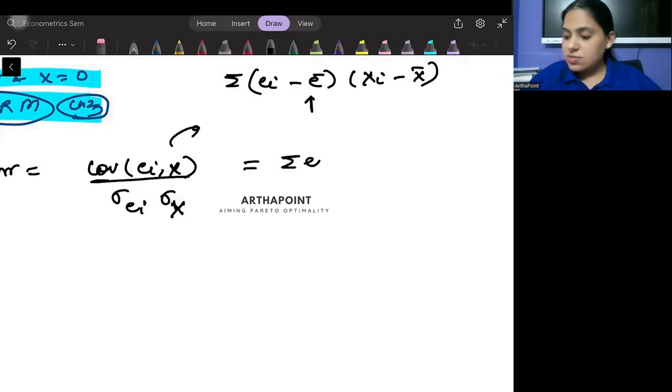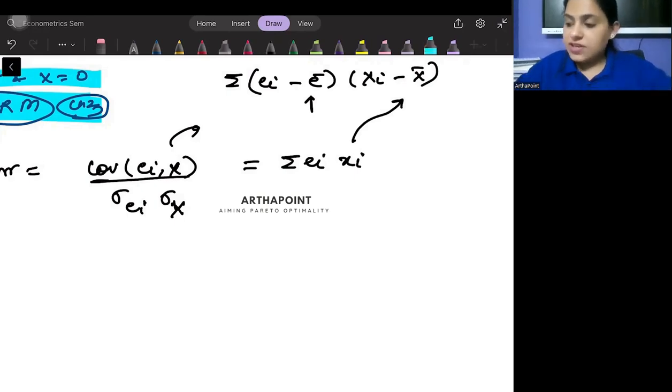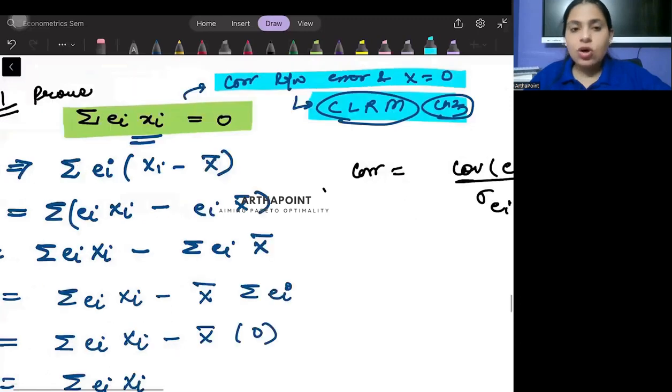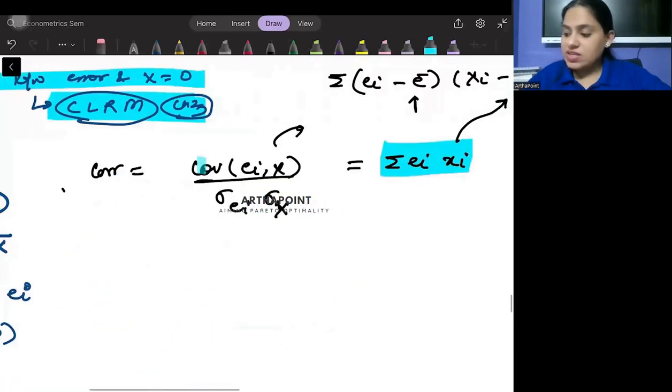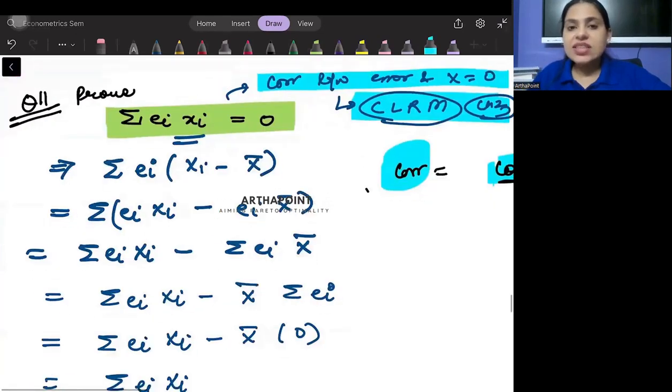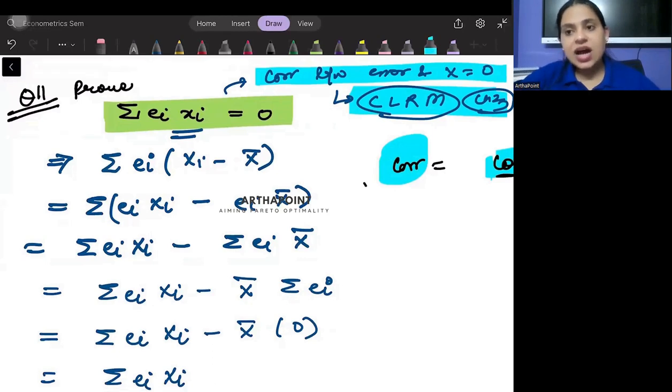So this is nothing but summation ei into small xi, where small xi represents the mean deviation. And we just proved that this is 0. So if this is 0, automatically we are saying that the covariance is 0, because the numerator is 0. And if covariance is 0, then correlation is 0. So indirectly we are saying that the error term and x's are not correlated with each other. This is the implication of this, right? Okay, beta.